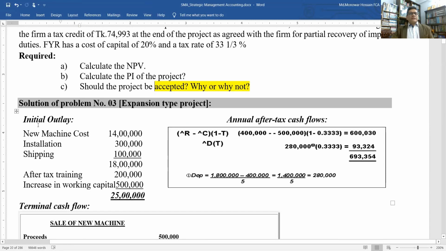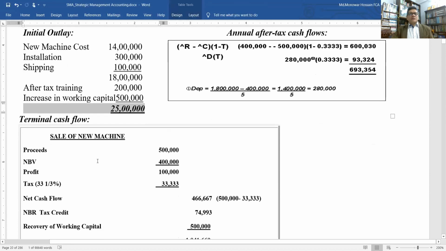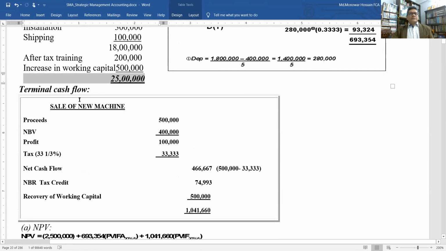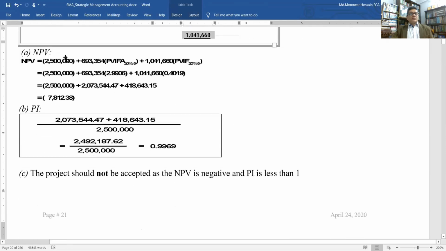So initial outlay 25. Okay, and sale of new machine 1041. So NPV is minus 7812.38. PI 0.99, also PI negative.